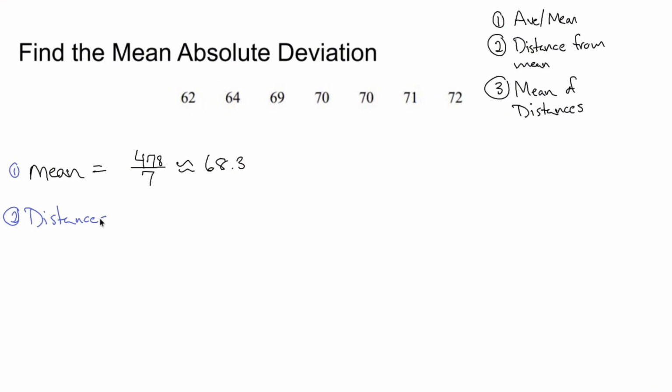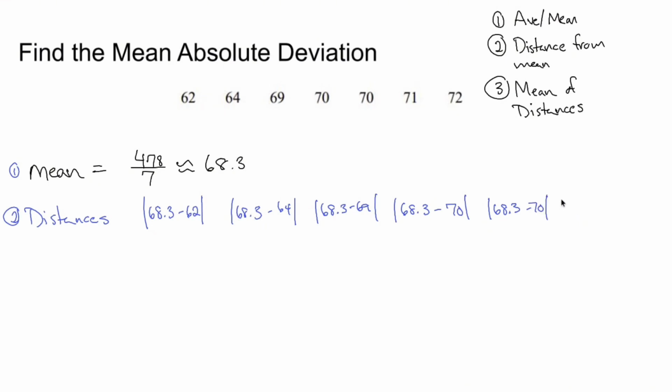The distances are going to be the absolute value of 68.3 minus 62, the absolute value of 68.3 minus 64, the absolute value of 68.3 minus 69, the absolute value of 68.3 minus 70, the absolute value of 68.3 minus 70 again, the absolute value of 68.3 minus 71, and the absolute value of 68.3 minus 72.